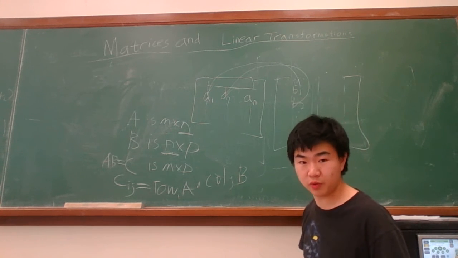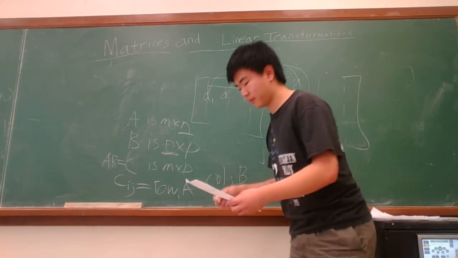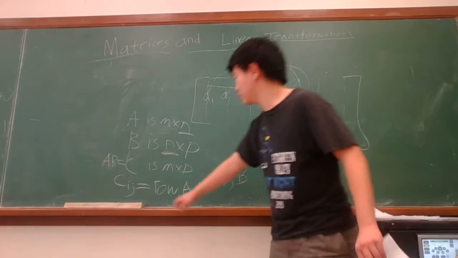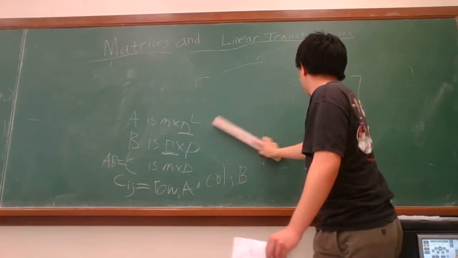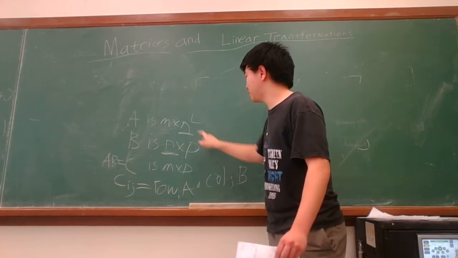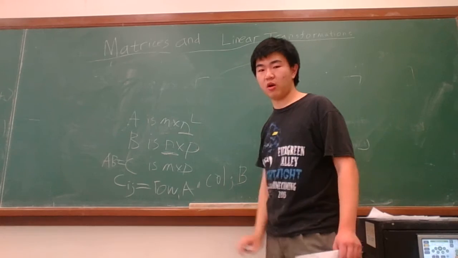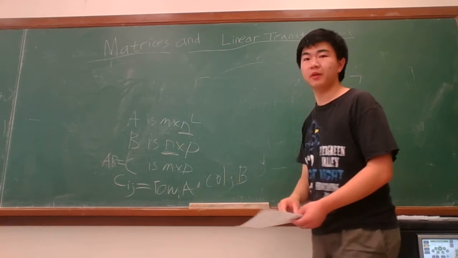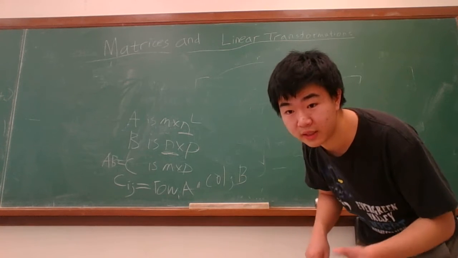It's already almost 20 minutes, so I will truncate that. The reason why these have to be the same is that this means there's n elements in the first row, and this means there's n elements in the columns. Now to do a dot product, both of the vectors have to have the same dimensions.